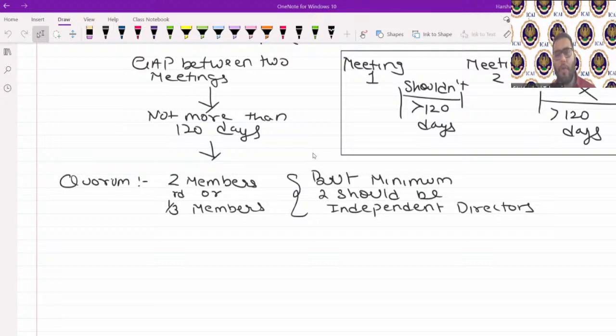Now, what are the powers of audit committee? Powers of audit committee are to investigate any activity, to seek information from employees, to obtain legal and other professional advice, and to secure attendance. These are certain powers of audit committee, and these are illustrative, not an exhaustive list.